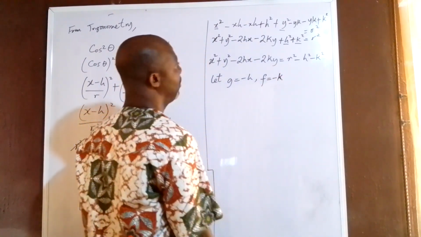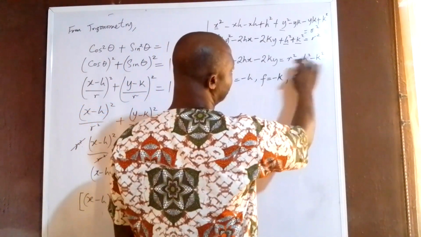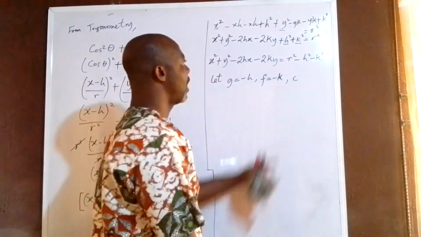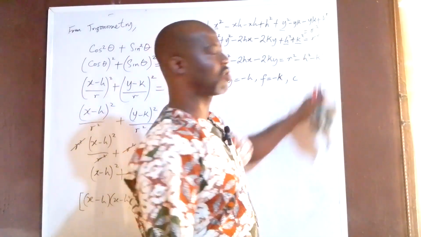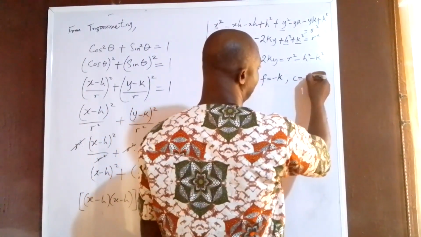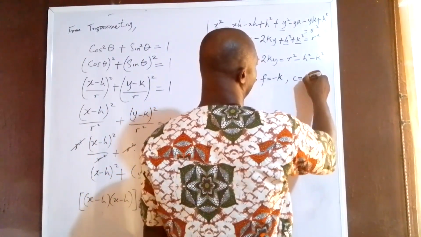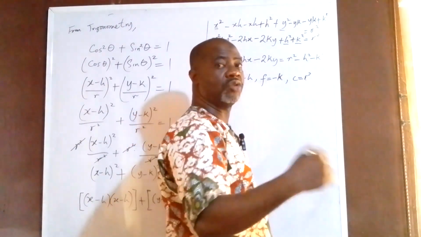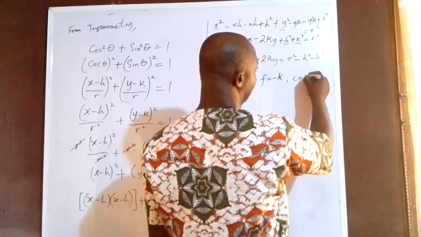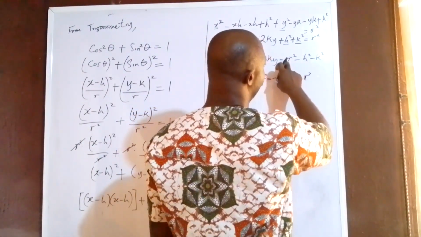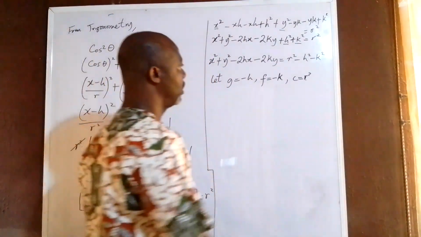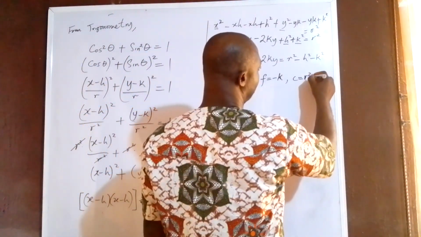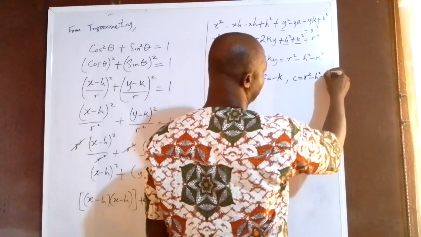And r squared minus h squared minus k squared will be regarded as a constant, and we represent that as c. We are introducing a new constant that will replace r squared minus h squared minus k squared.